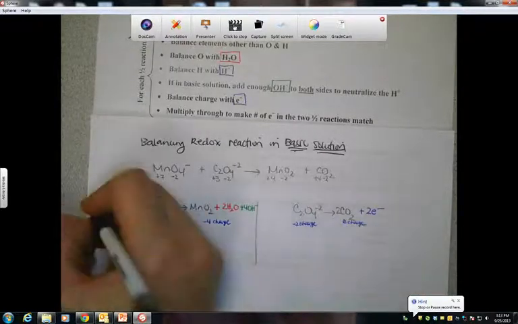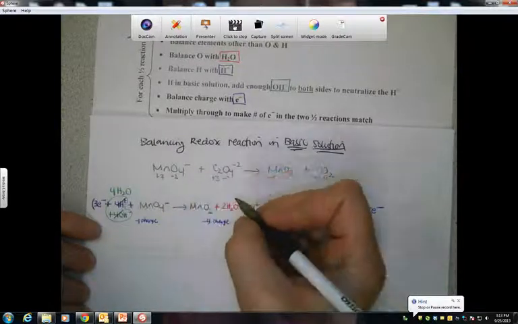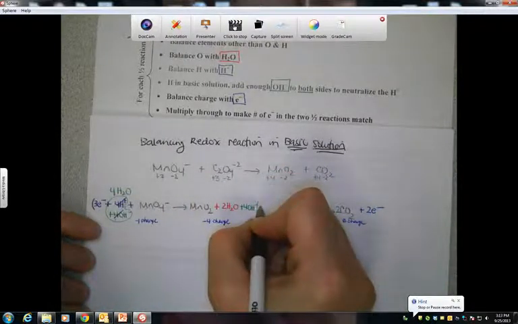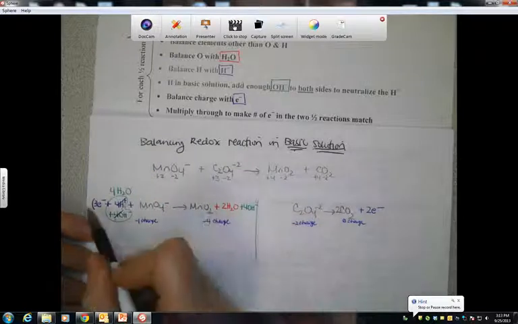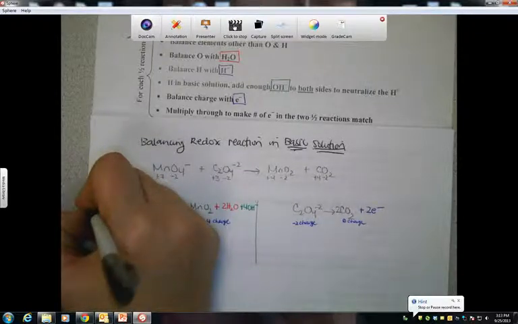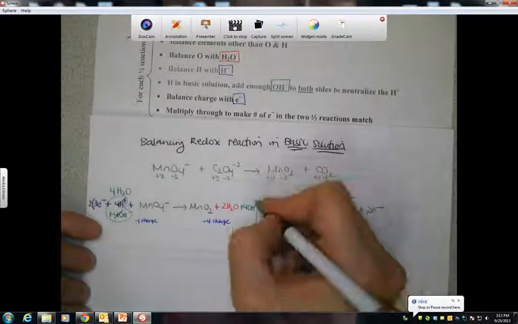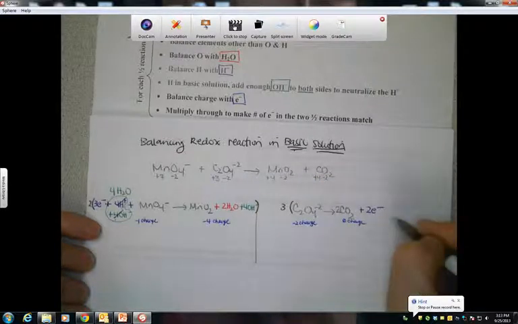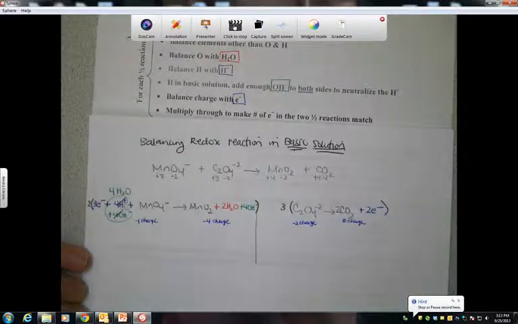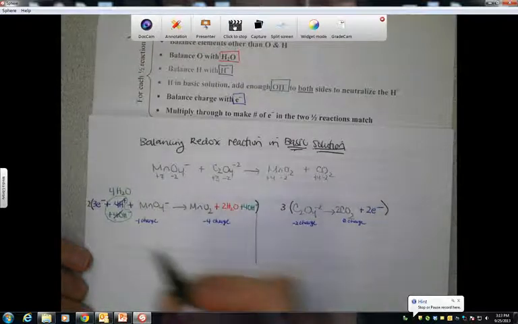So we're going to multiply this entire equation by 2 and this entire equation by 3. I'm just going to rewrite it because I don't want it to be too messy.